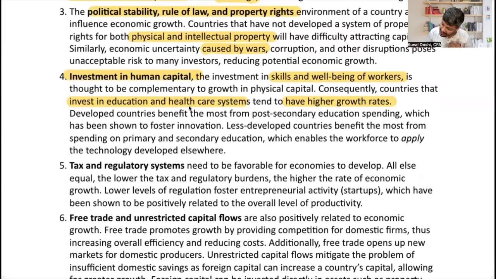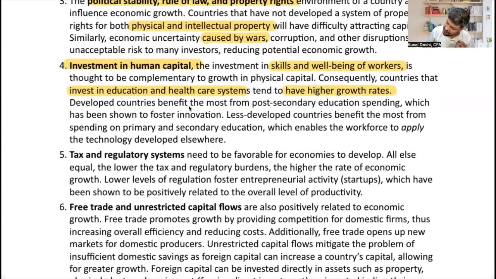Less developed countries benefit the most from spending on primary and secondary education, because countries like India have a huge dropout from school. So investing heavily in primary and secondary education is more important for less developed countries compared to highly developed countries, where skill and tech become very important.